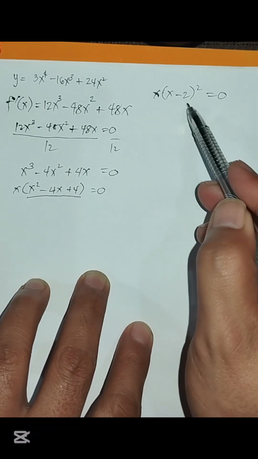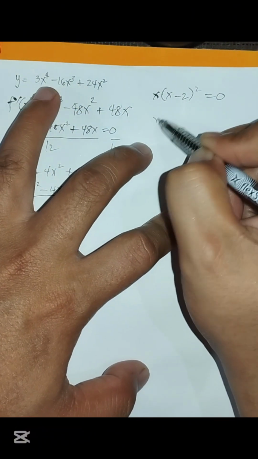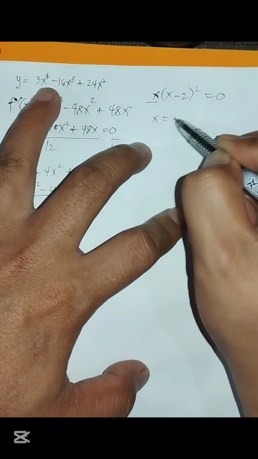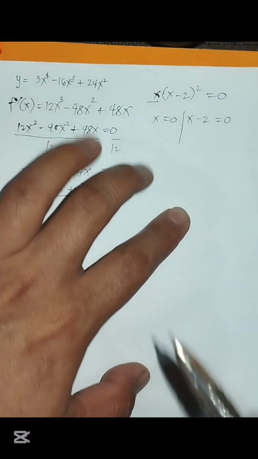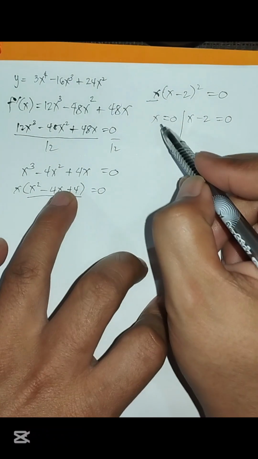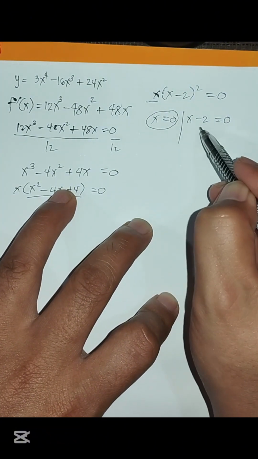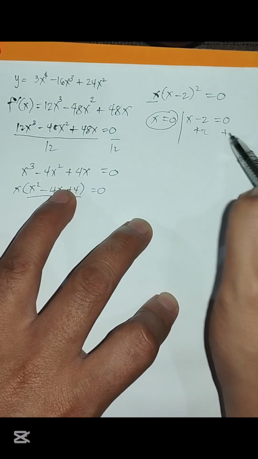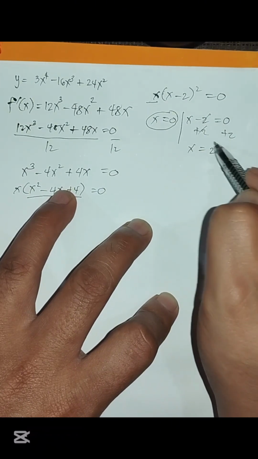So therefore we have (x minus 2) squared. Now equate each factor to 0. The first factor is x equals 0, and the other one is x minus 2 equals 0. So the critical numbers are x equals 0 and x equals 2, after adding 2 to both sides.